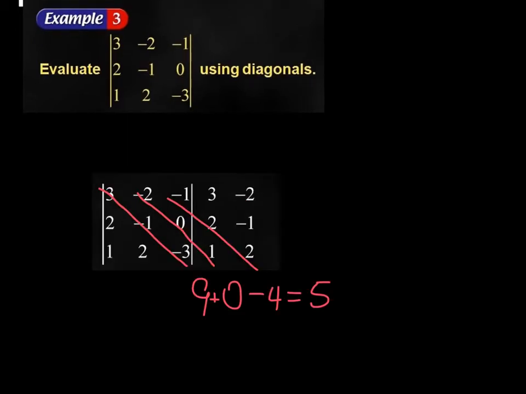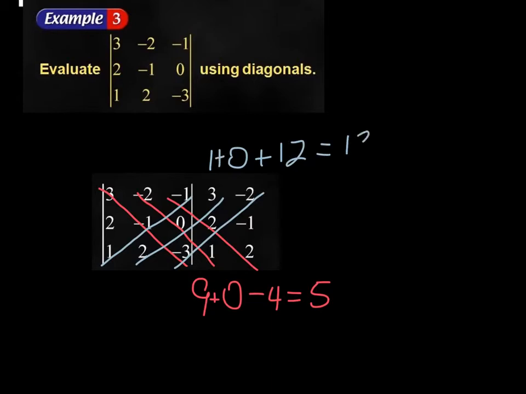Going north, I've got 1, 0, and negative 3 times 2 is negative 6 times negative 2 is positive 12. So that sum is 13, and then I want to take the south minus the north, so 5 minus 13 is negative 8.